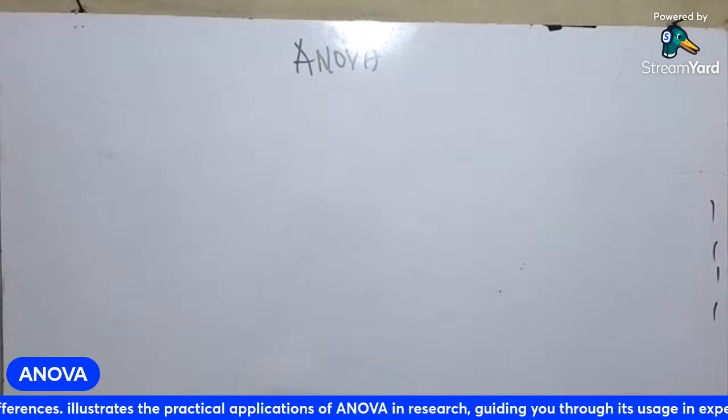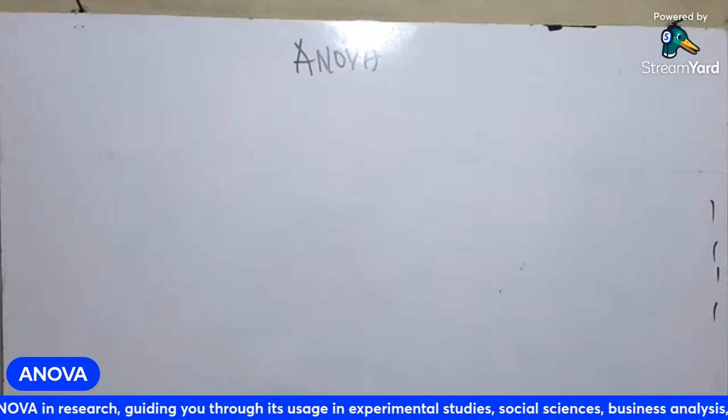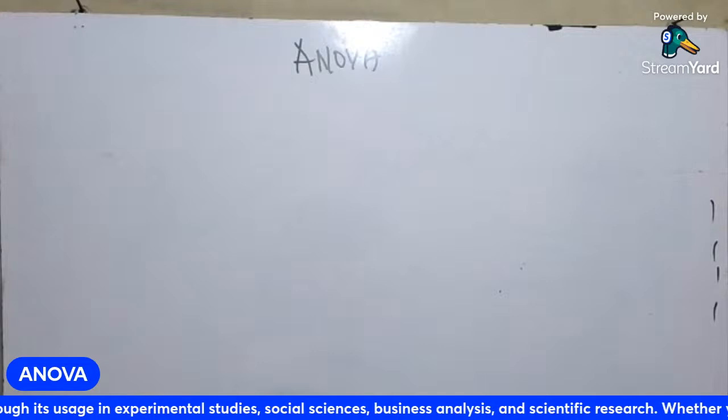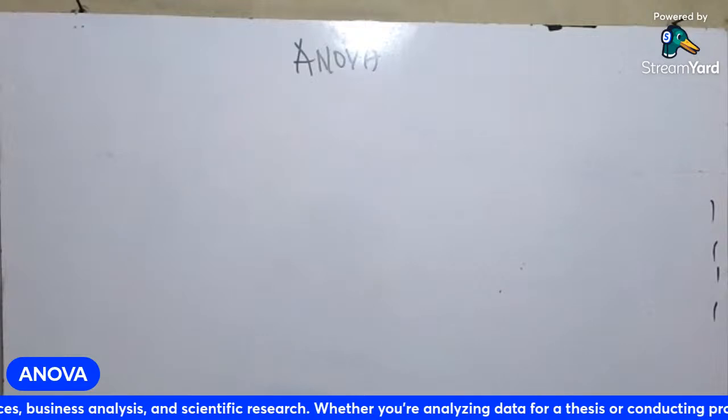Of course, if it is just 2 sample means, you make use of t-test. But when it's getting to 3 or more, you have to make use of analysis of variance.